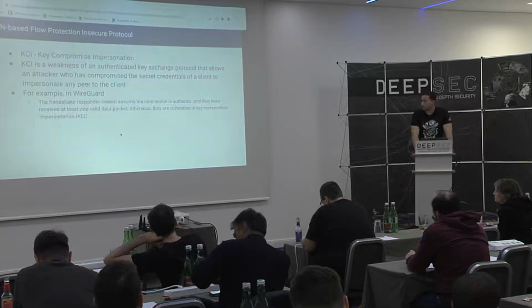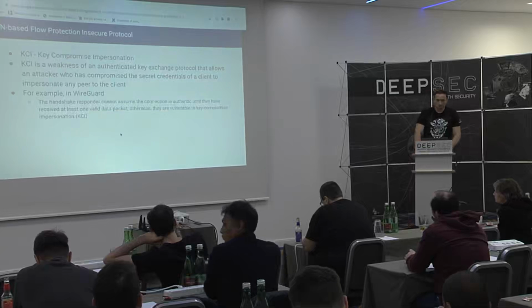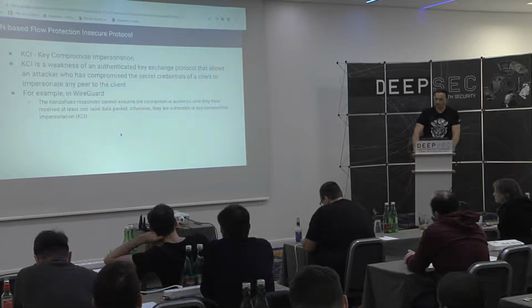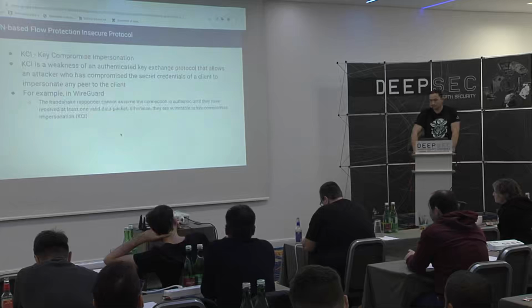KCI is a key compromise impersonation attack. This is an asymmetric weakness, which allows an attacker to compromise a controller if the attacker knew a private key of an edge router.